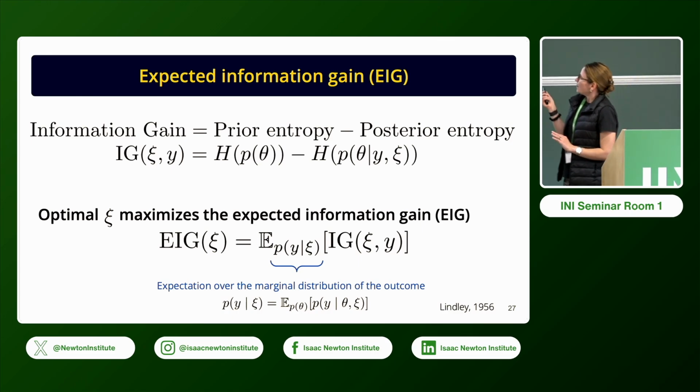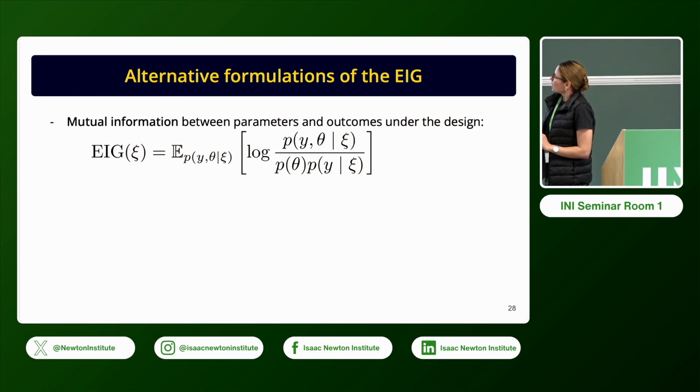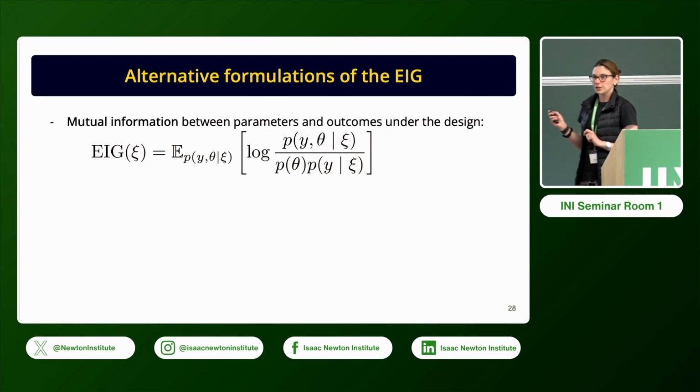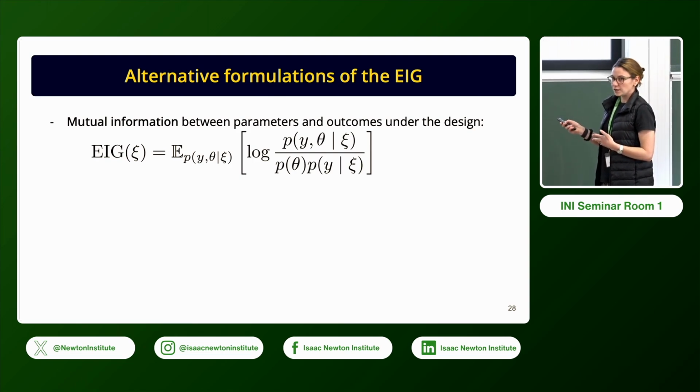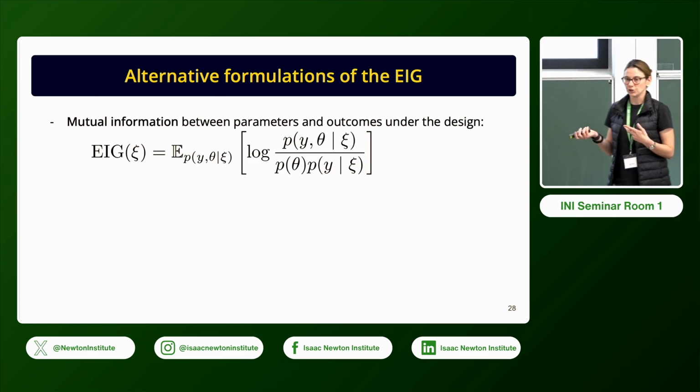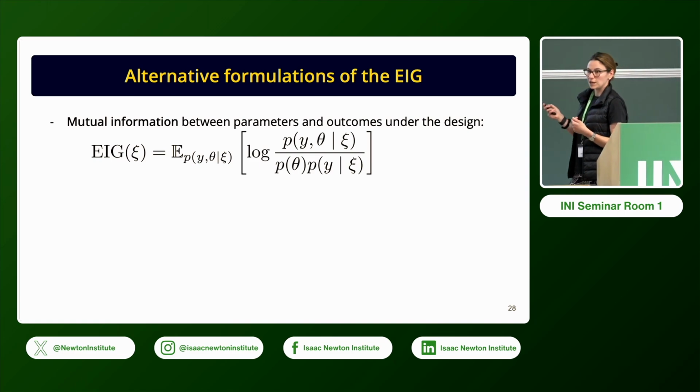Great. Okay. Now, we can write the expected information gain in a few different ways. So, first of all, the EIG is exactly equivalent to the mutual information between our parameters and our outcomes, conditional on the design.